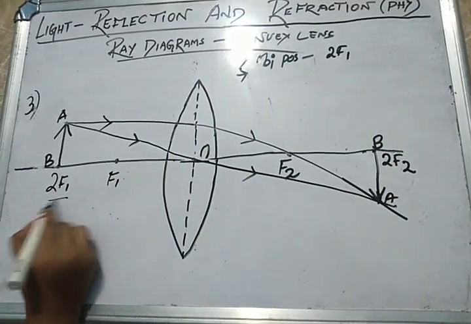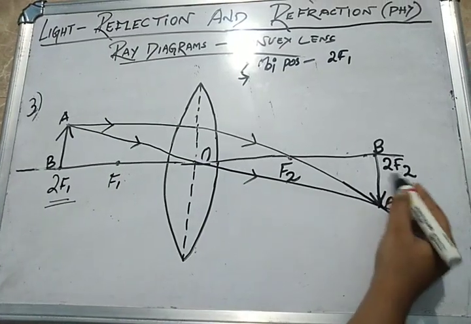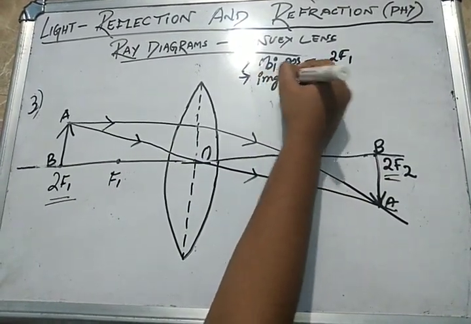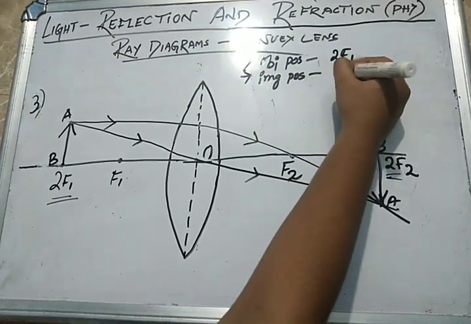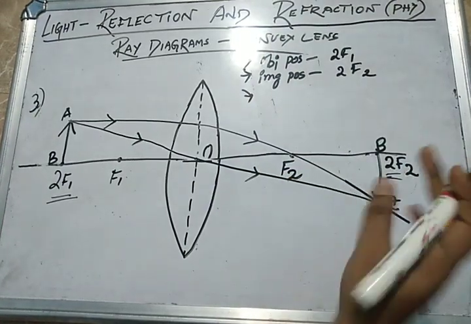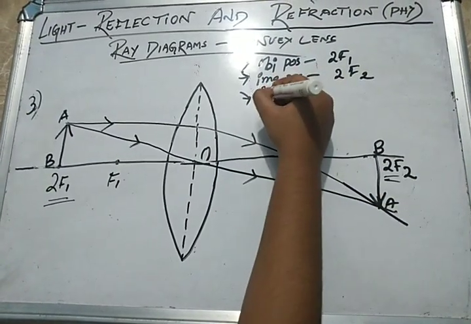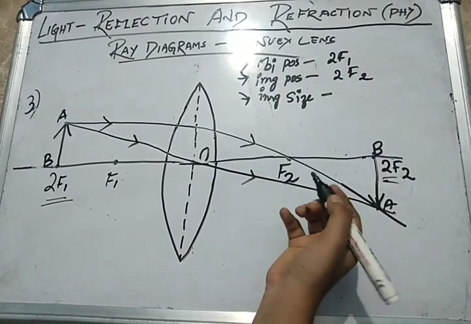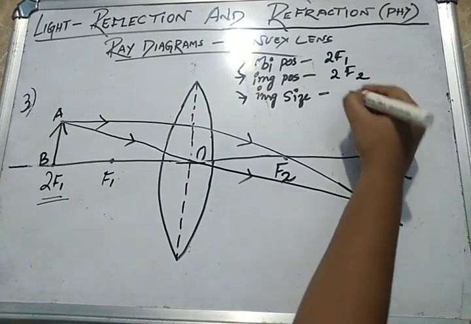Now you see here, at 2F1 is the object and at 2F2 is the image. Very easy to remember. So image position 2F2. Next, size of the image. It is the same size.